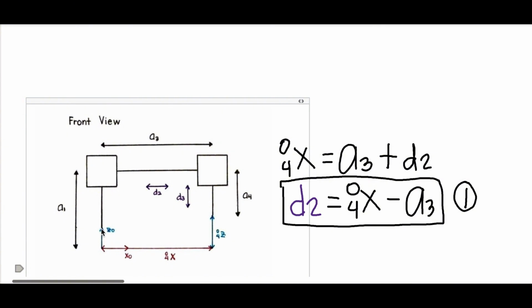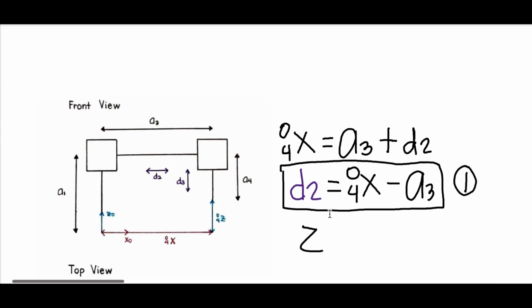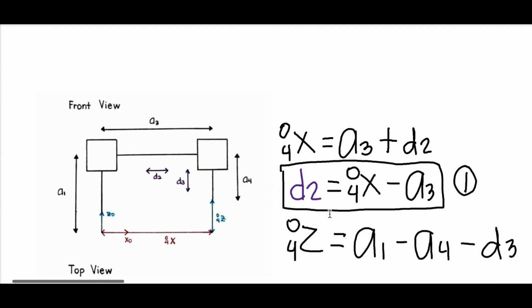along the z sub 0 axis is z04 equal to a sub 1 minus a sub 4 minus d sub 3. A sub 4 and d sub 3 are negative since they are pointing downward. d3 is the joint variable d that we need to find and derive the solution.